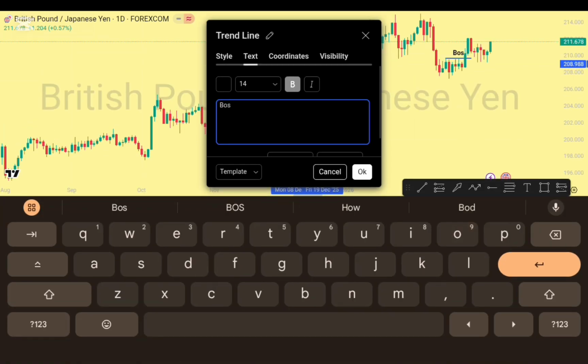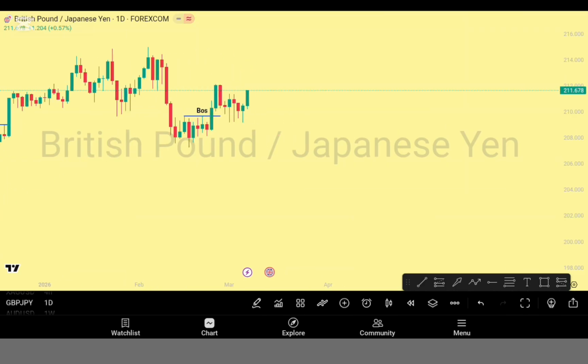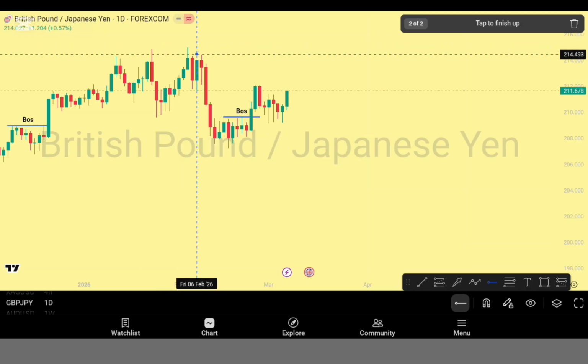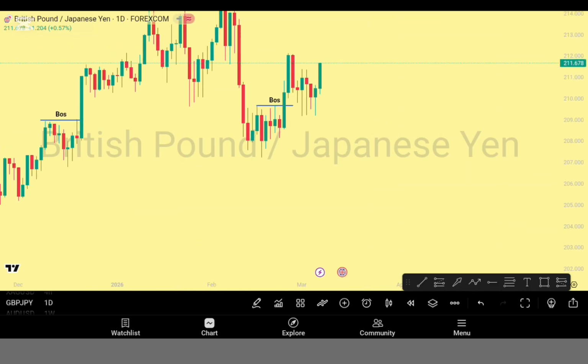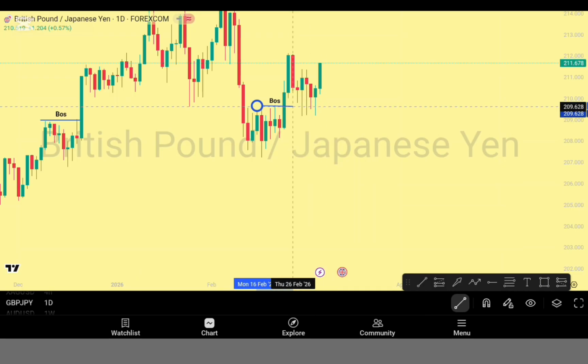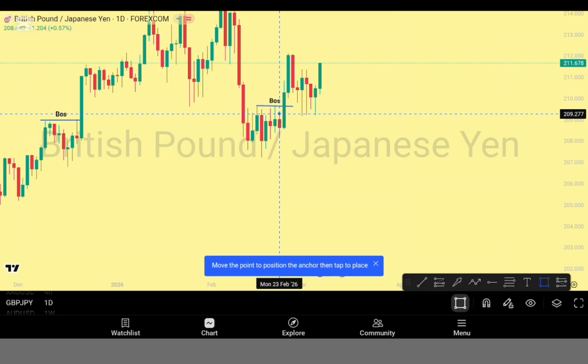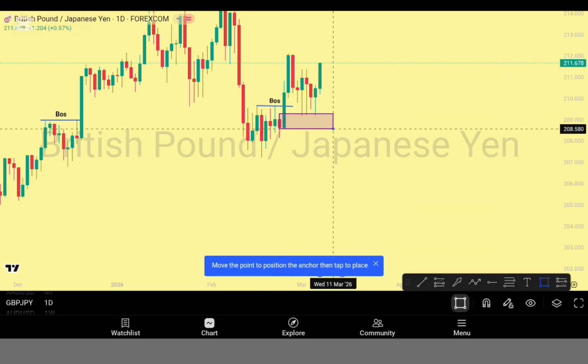Now this is the most recent, so we are going to focus till this zone. After that break of structure, you can see that market came to this origin, the origin that caused it, and that is what is tilting to the upside.